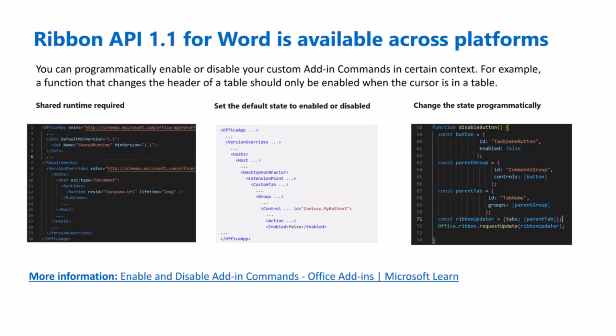One is that you must enable the shared runtime, and also you need to configure a default state for the ribbon button in the manifest, as mentioned in the middle. So you can control whether the button is by default disabled or enabled. And finally, in the code, you can programmatically control the states of these buttons by the runtime code. I will show a demo here. Next page, please.